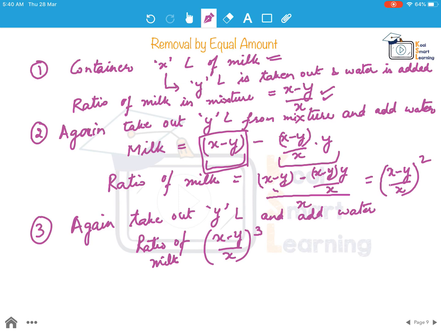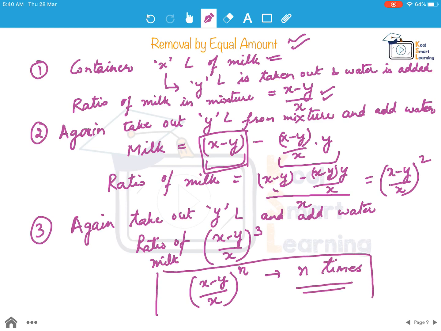If we repeat this process of removal by equal amounts, then the ratio of milk continues to reduce in a similar manner. So the ratio is given by X minus Y divided by X whole raised to power n if the process is repeated n times.